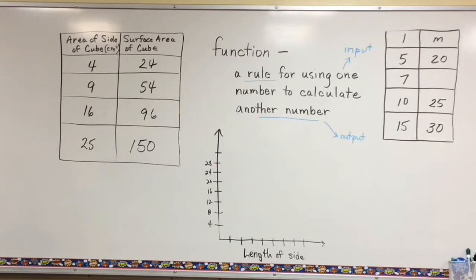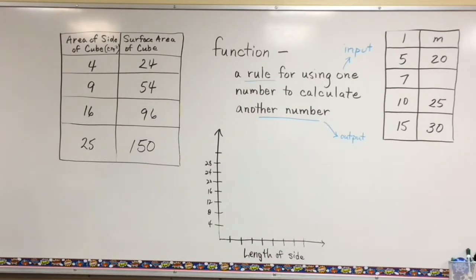Because the surface area of the cube depends on the area of each side, we say that the surface area of the cube is a function of the area of a side. We know that if we know the area of one side of a cube, we can apply the function to determine the entire surface area of the cube.